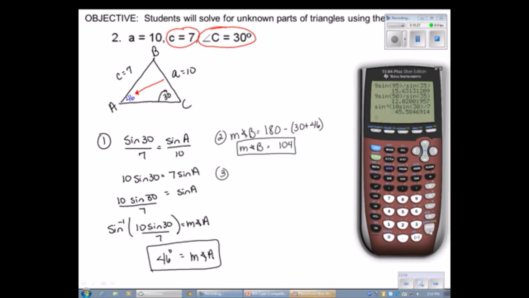And once I know the measure of angle B, I can then work to find little b. I always tend to use my same beginning ratio where I have the sine of 30 over 7. And now I'd have the sine of 104 over little b.